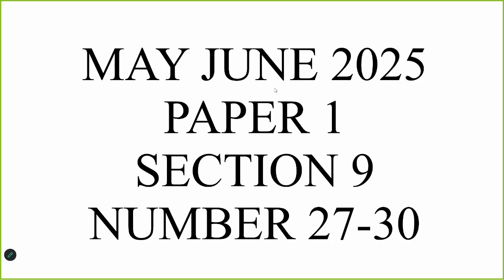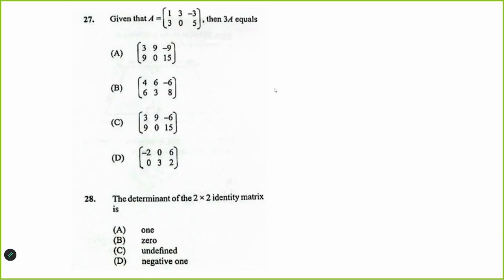We're going to start with May, June 2025, Paper 1, Section 9, numbers 27 to 30. Those are your numbers that test on vectors and matrices. Right, the first one said, given that A is 1, 3, negative 3, 3, 0, 5, then 3A means you're multiplying 3 by everything inside here.